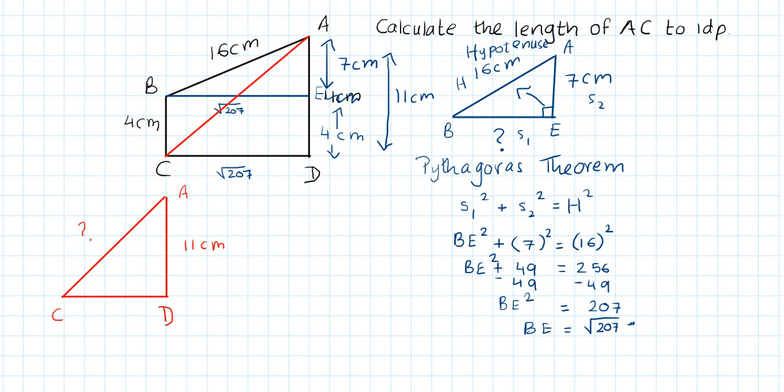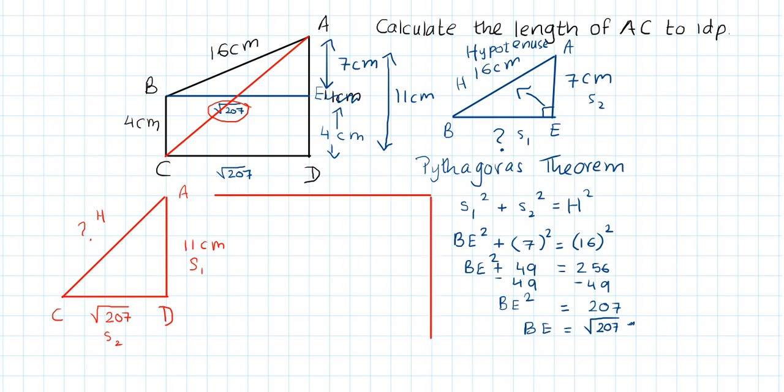That's why we worked out the length of BE first as root 207, so that we get the length of CD, which is exactly the same as BE because they are opposite sides of a rectangle. And we can use Pythagoras theorem again. That's side 1, that's side 2, that's the hypotenuse. Let me just box this off so that we can follow through.